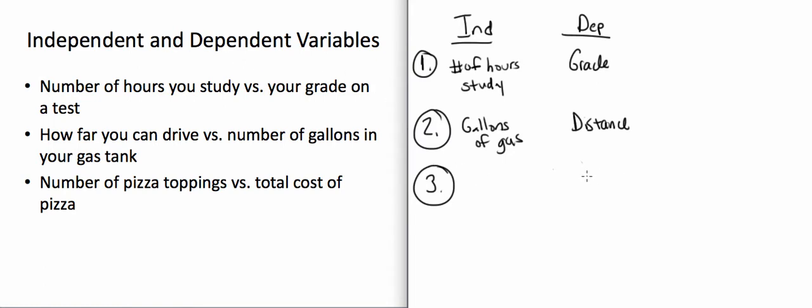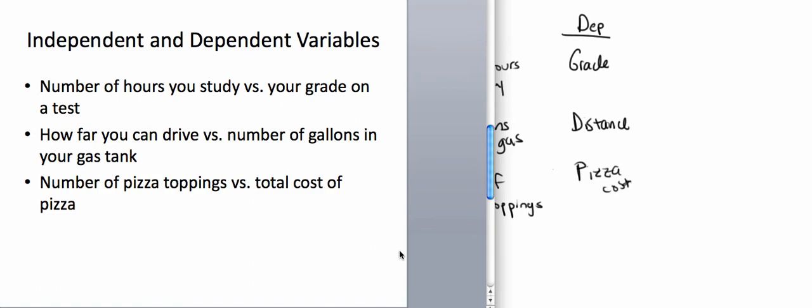So our dependent variable is the pizza cost, and that's compared to the number of toppings. A lot of what we're doing in this section is going to be determining whether or not we know what the independent and dependent variables are. So that's where we're going from there.